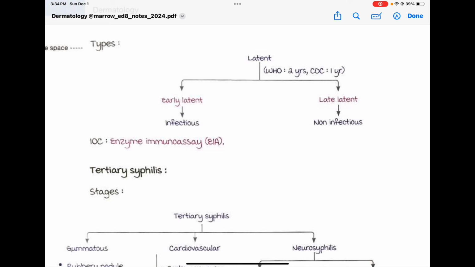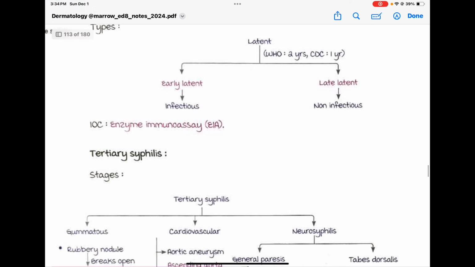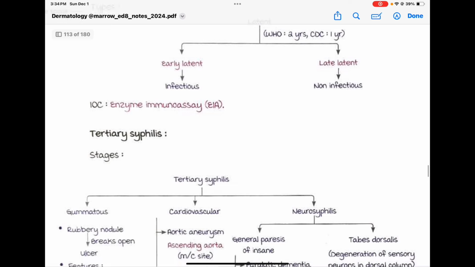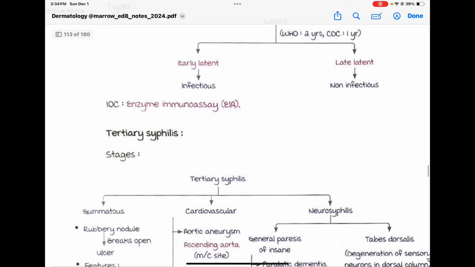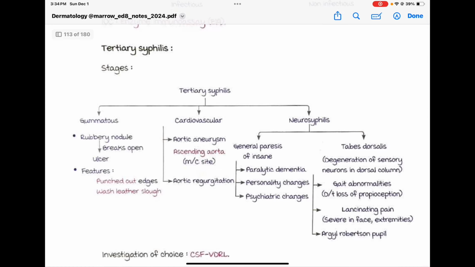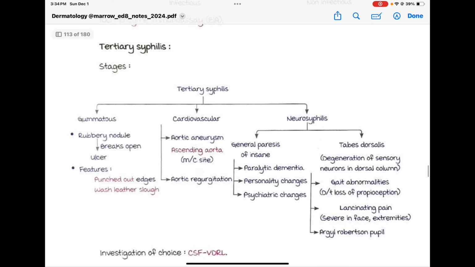Neurosyphilis: general paresis of the insane, paralytic dementia, personality changes, psychiatric changes. So if you have seen the House series, in that they have shown an old lady who had sudden personality changes and was acting very flirty with House, and no one was able to diagnose her.